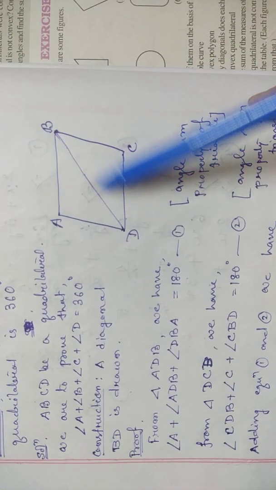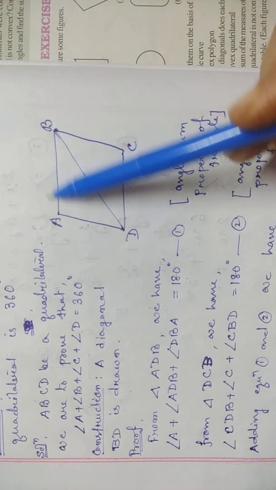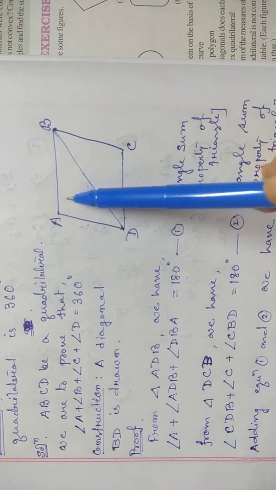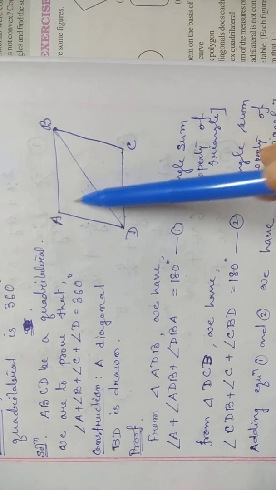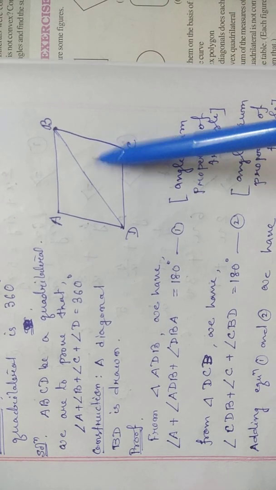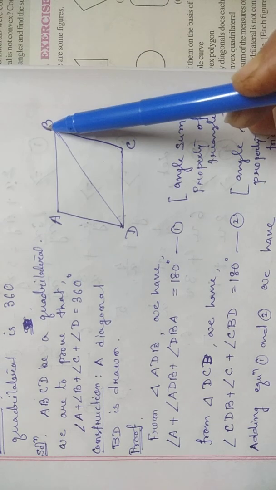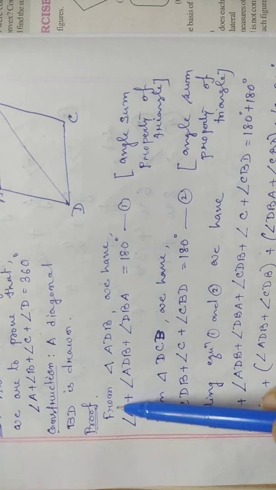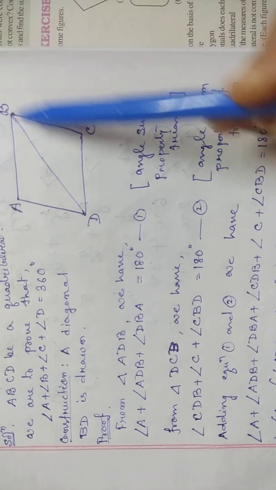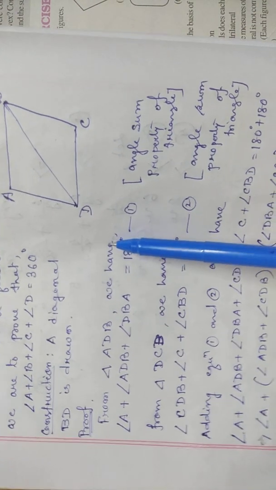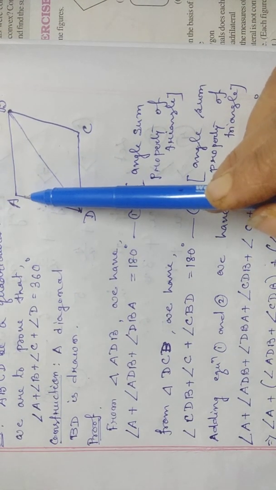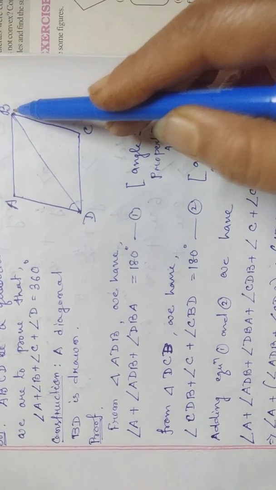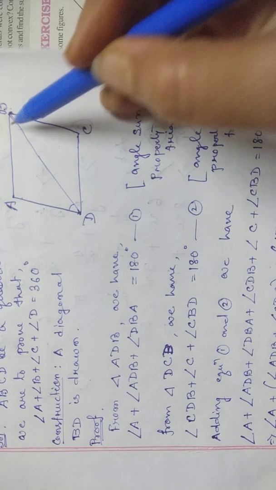Now see, whenever you draw a diagonal, this quadrilateral divides into two triangles. This one is a triangle, this is another triangle. Triangle ADB and triangle DCB. So, from triangle ADB, we have angle A plus angle ADB plus angle ABD.